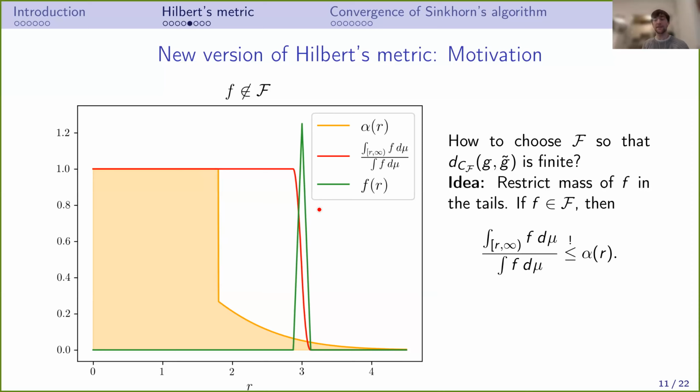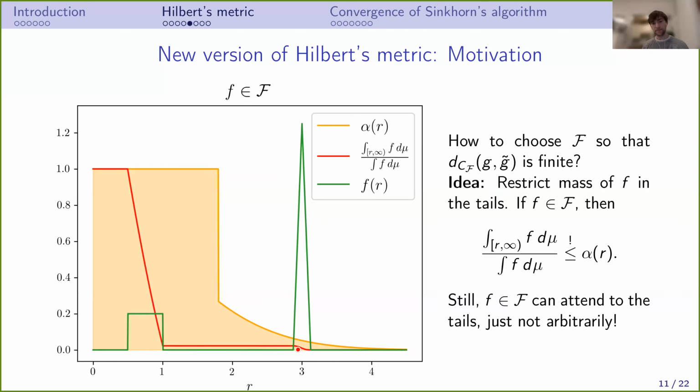Now, this is good in the way that the behavior we tried to avoid in the previous example, that the distance between g and g tilde is infinite, is avoided. But I also want to mention that such test functions can still put some attention into the tail. We don't want to restrict the applicability to some tail behavior, so it should still see the tail behavior somehow.